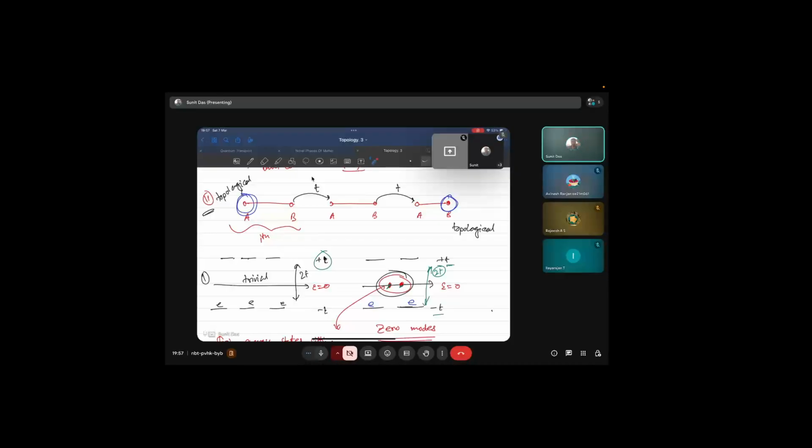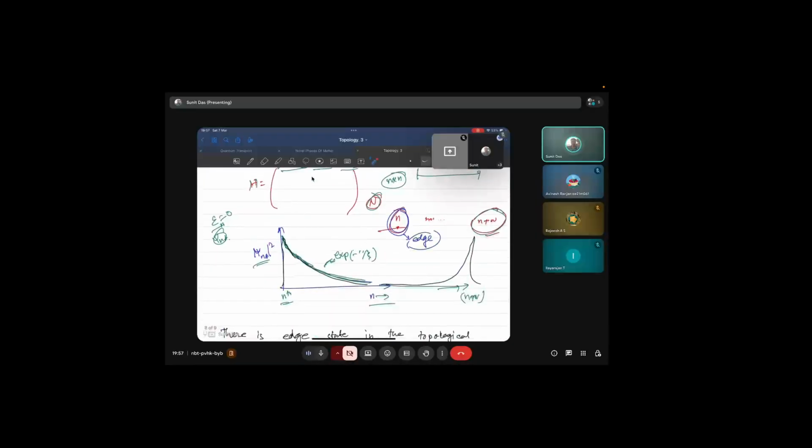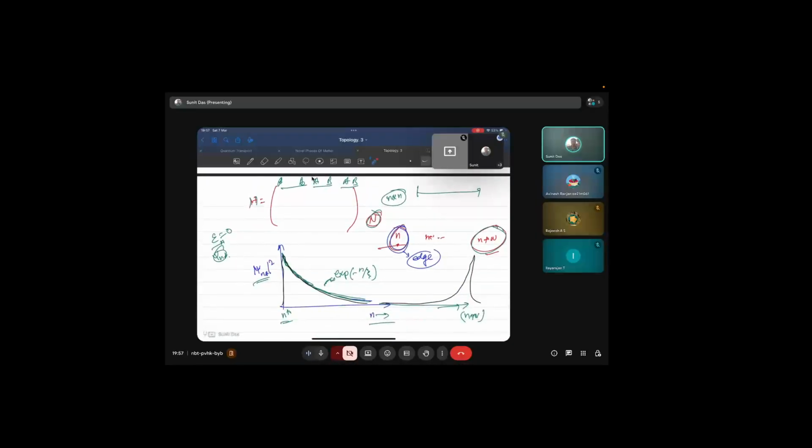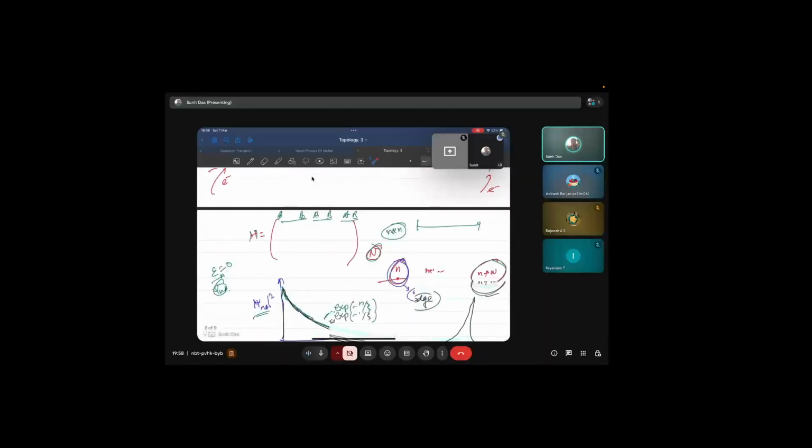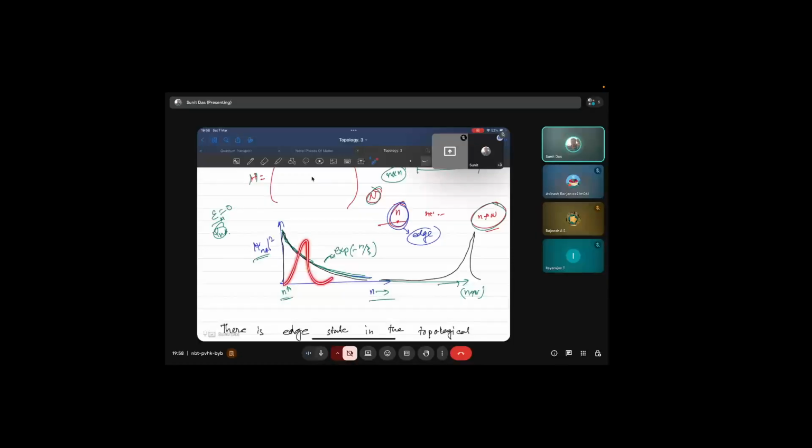Okay. And then the second difference that we saw, or I just mentioned, I have not proved it because these things need to be numerically evaluated, is that for this finite case, if you are in the trivial phase, the wave function will be peaked at those A and B sites, okay? And they mostly live on the bulk of the sample.